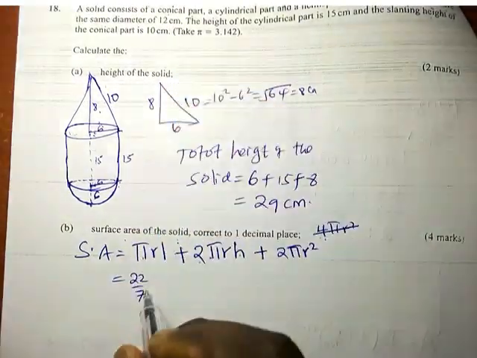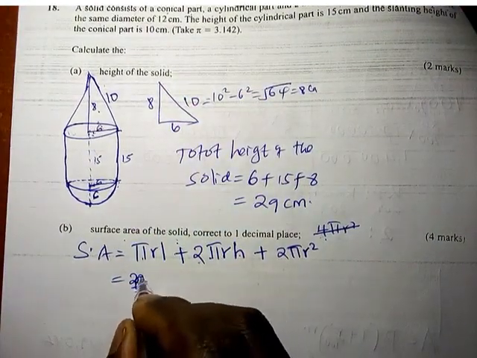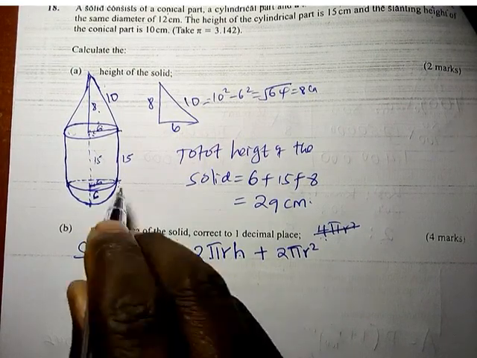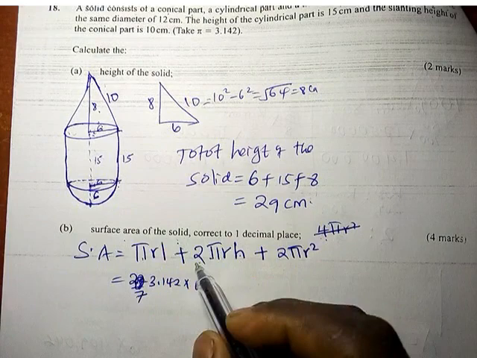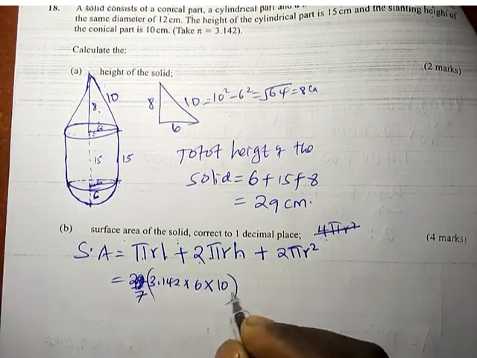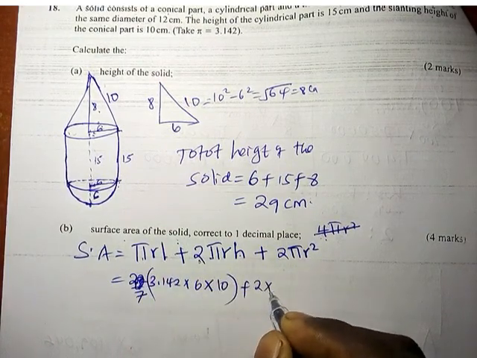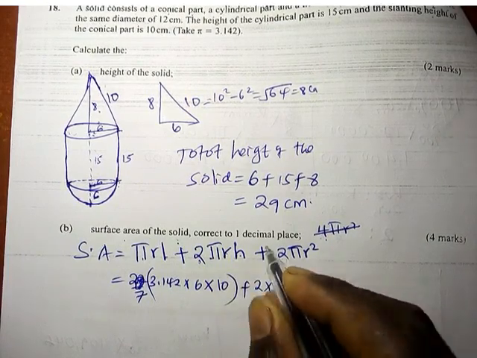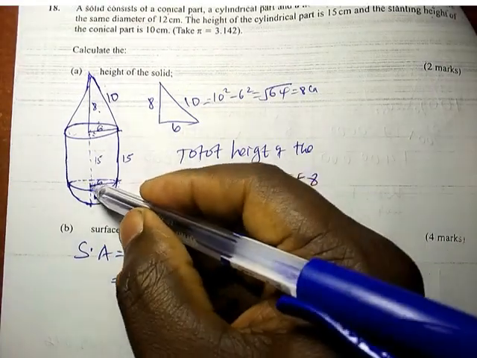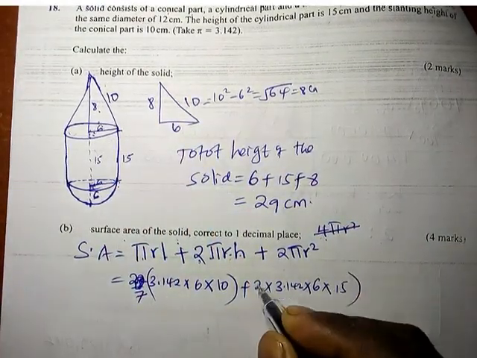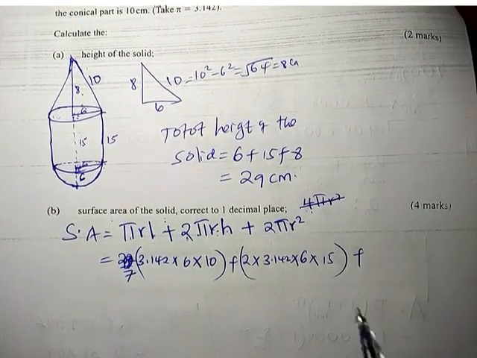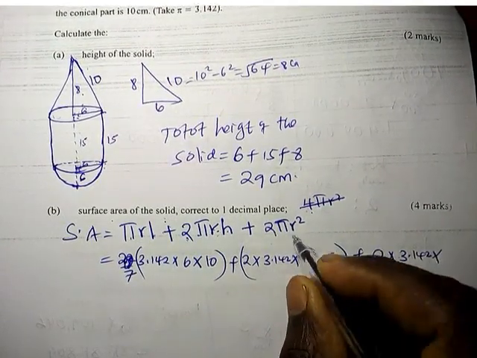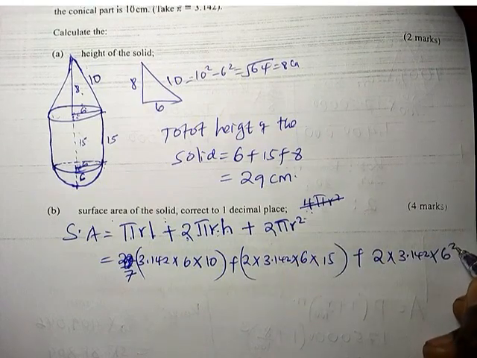We were given 3.14. So it will be 3.14 times r, the radius is 6, times l, which is 10, plus 2 times 3.14 times r 6 times the height of the cylinder 15, and then plus the hemisphere, 2 times 3.14 times r square, which is 6 square.